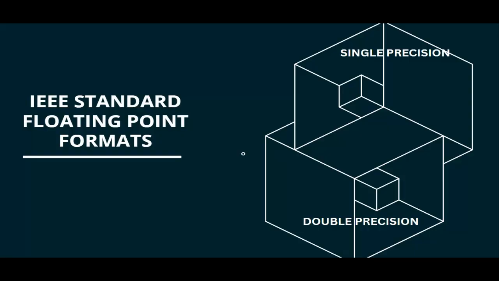The IEEE standard has two formats, namely the single precision representation and the double precision representation.